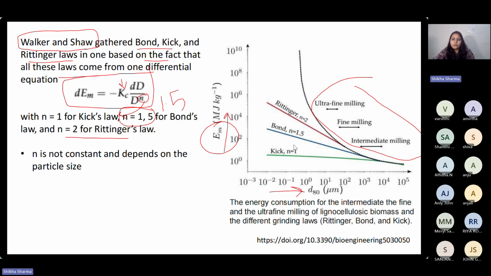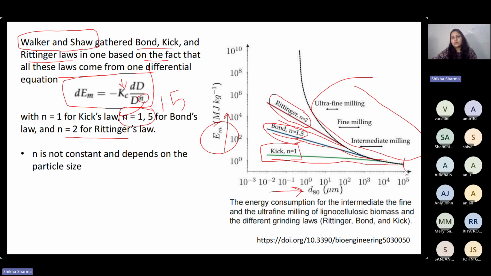When n equals 1, it is Kick's law, so we can see this line here. When Bond's law is followed, n equals 1.5, then this kind of graph will be followed. And for Rittinger's law, n equals 2, this curve is there. The tangent we are drawing, right? So we are seeing what is the slope of this line.